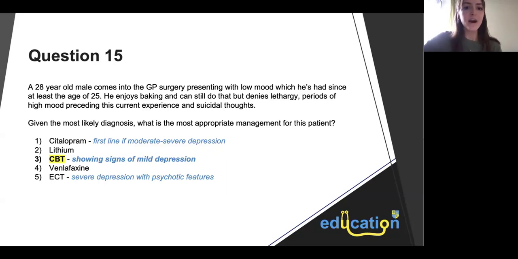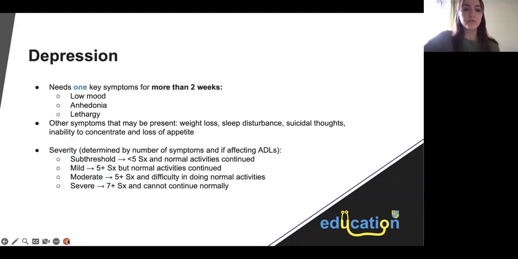So I think it's not as textbook as that. Generally we look at the 2 core features, low mood and anhedonia, which you need for a depression diagnosis, but maybe it's a bit more nuanced than that, and you make a good point.